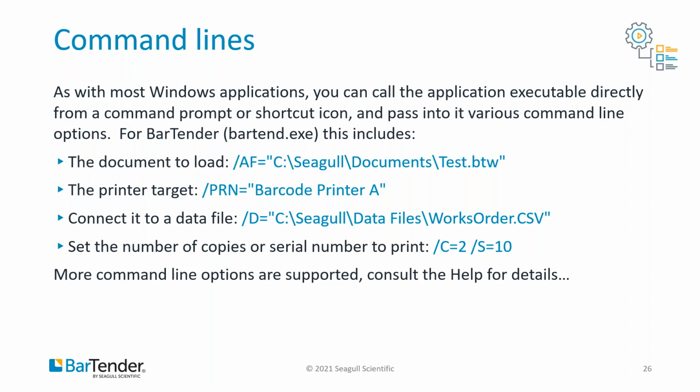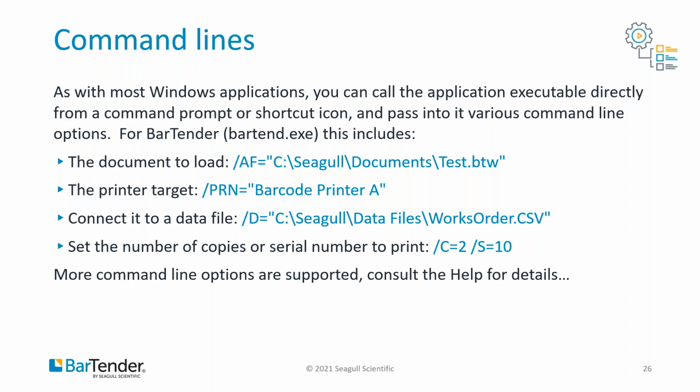So a common use case of command lines is to be set up in a shortcut icon on a user's desktop, for example. So when they double click on the shortcut, it actually runs the command line to print the label. And sometimes it could be the case that the document may have a data entry form, in which case the data entry form will be displayed just on its own, none of the BarTender application.